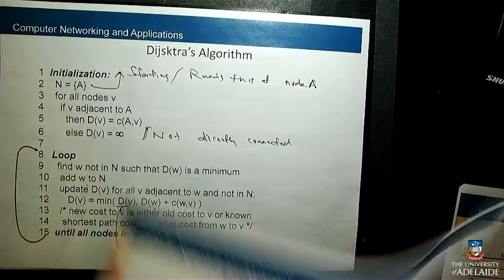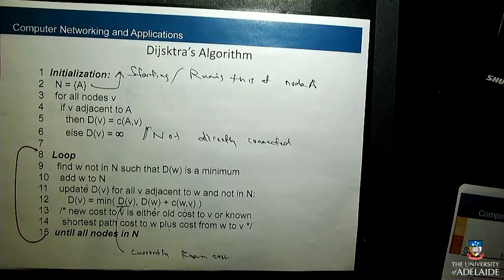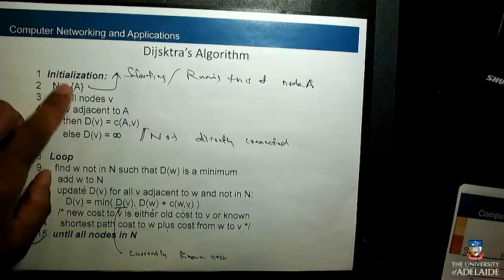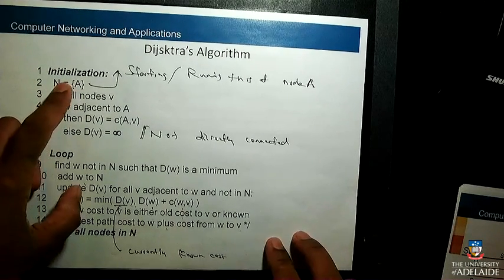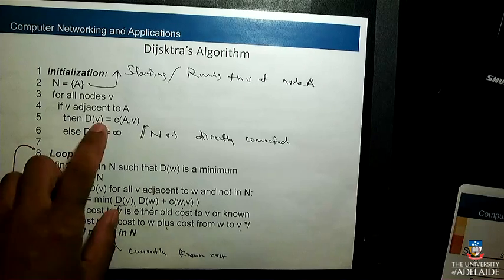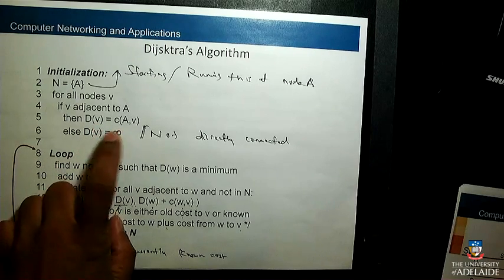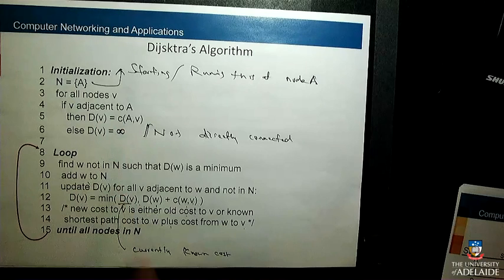Just to remind you of the algorithm, if you're starting at node A, your initialization is that you calculate the cost of all your neighbors, and for all the nodes that you can't get to, you set the cost to infinity.